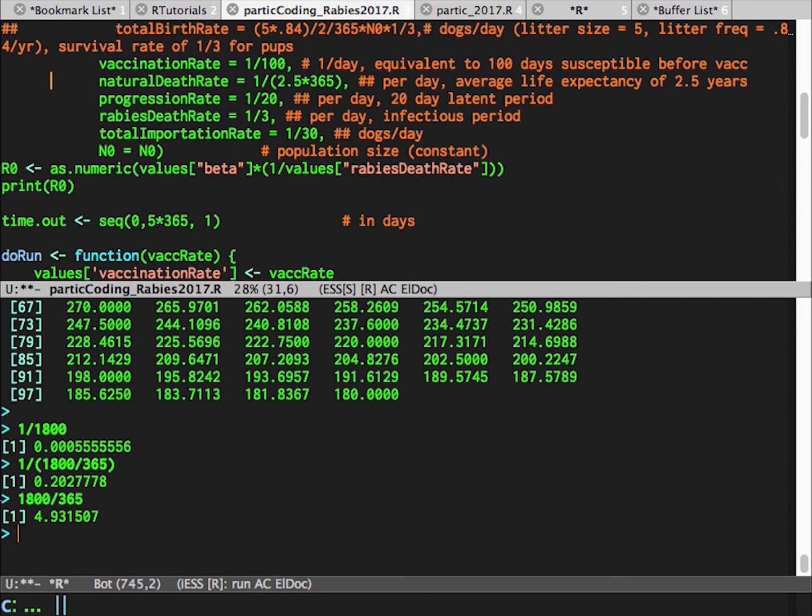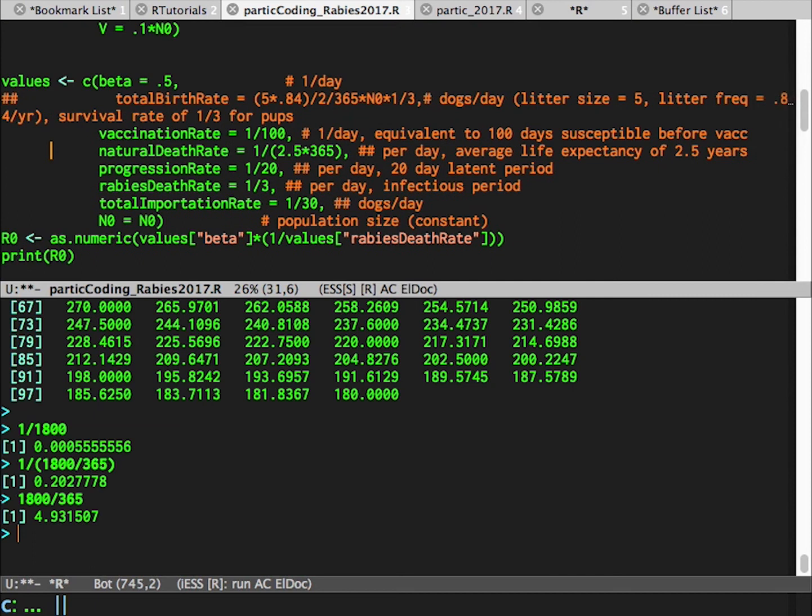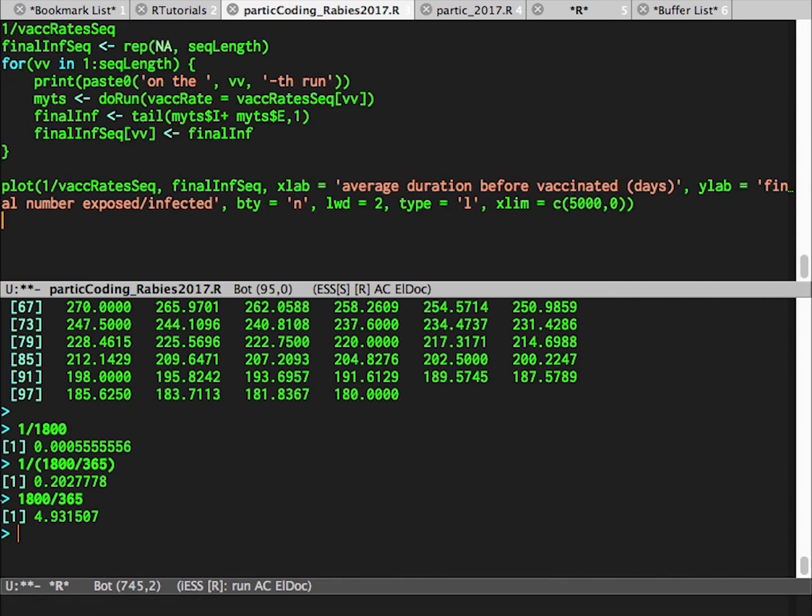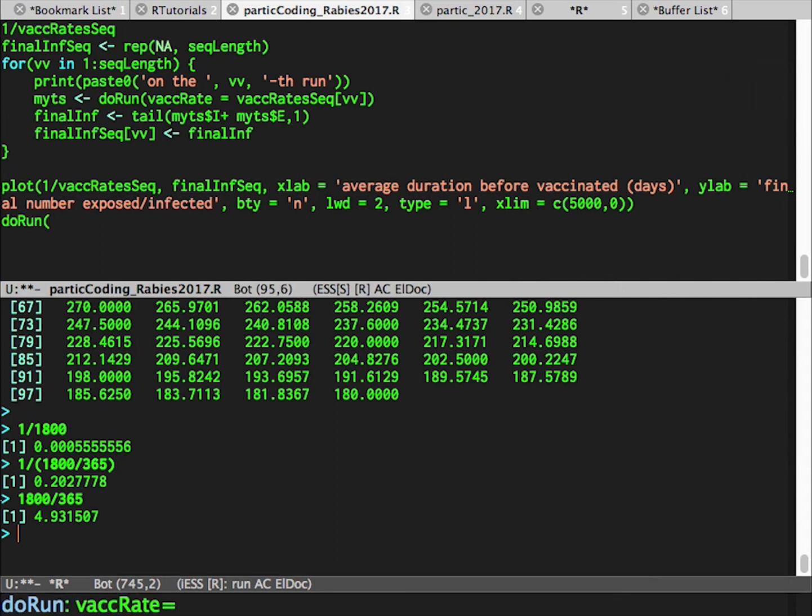Wonder if our population turnover is too low, so that we're accumulating vaccinees too fast. What's the proportion of the population that's vaccinated at the end of the days, for this 1,800-day version?